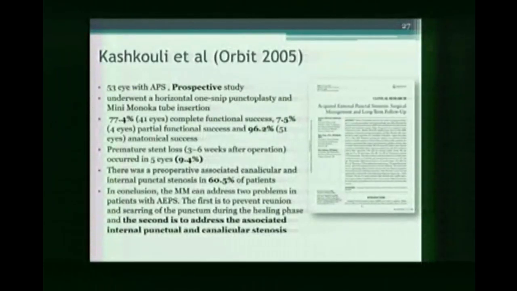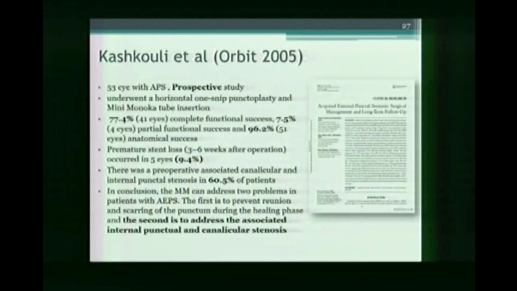Kashkouli again did a prospective study. They recruited 53 eyes, in which they did a one-snip punctoplasty and mini monoca insertion. They reported a complete functional success in 77% of patients and 7.5% as a partial success.